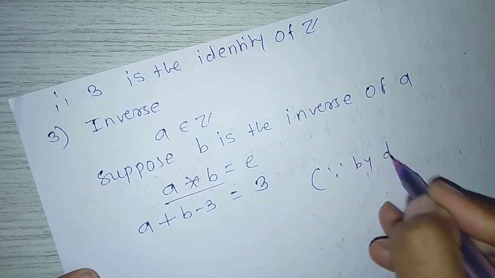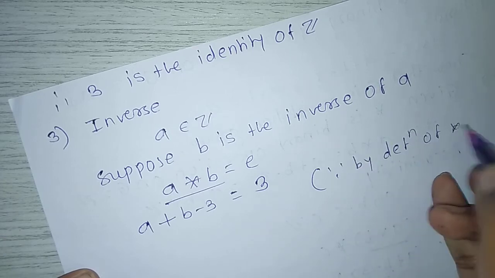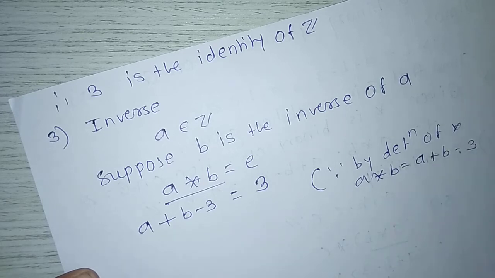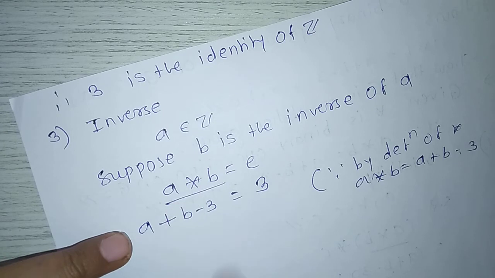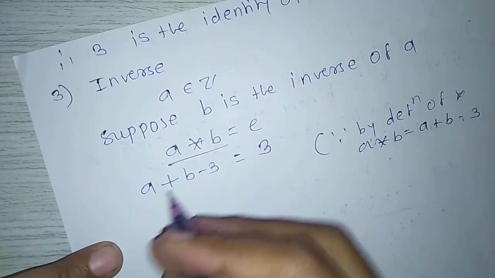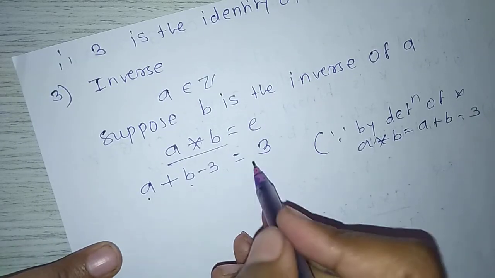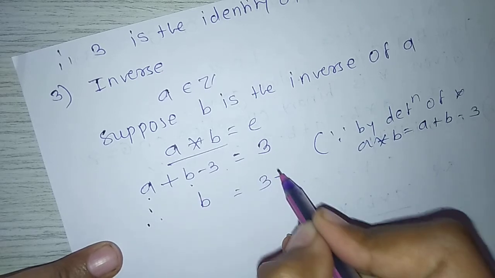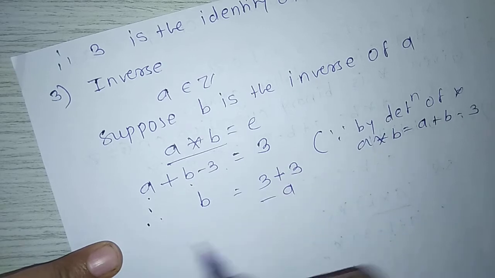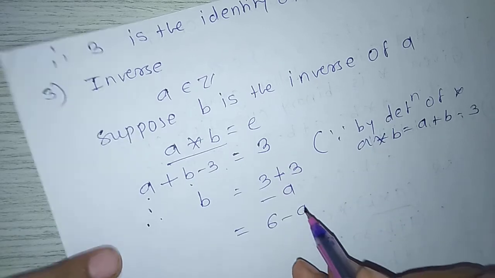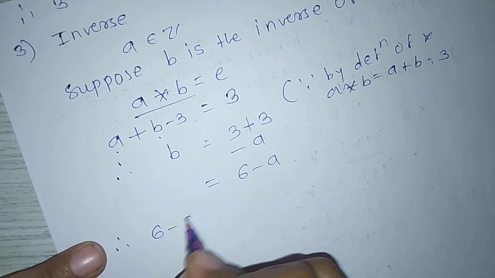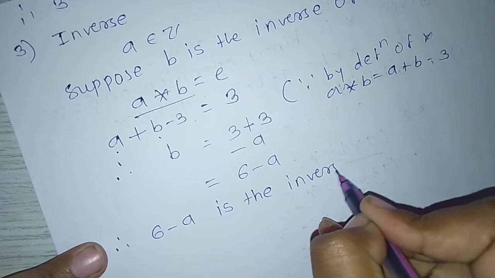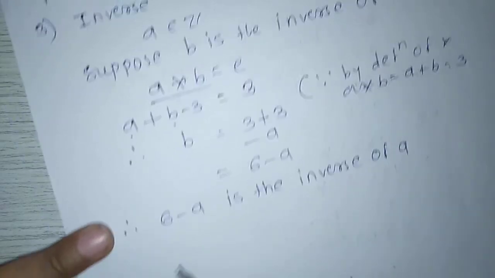By definition of star, A star B equals A plus B minus 3, so A plus B minus 3 equals 3. Therefore B equals 3 minus 3 plus 3 minus A, which is equal to 6 minus A. Therefore, 6 minus A is the inverse of A.